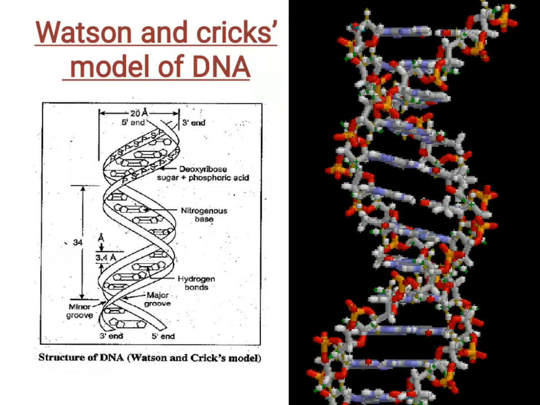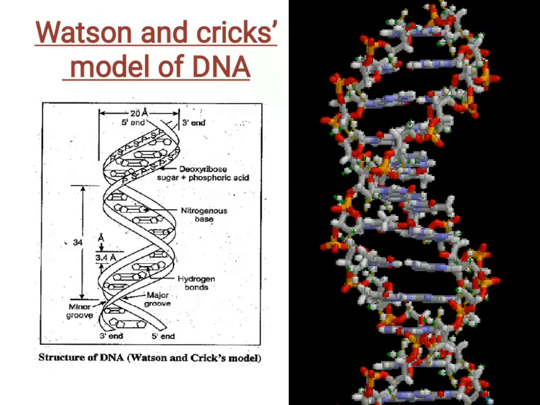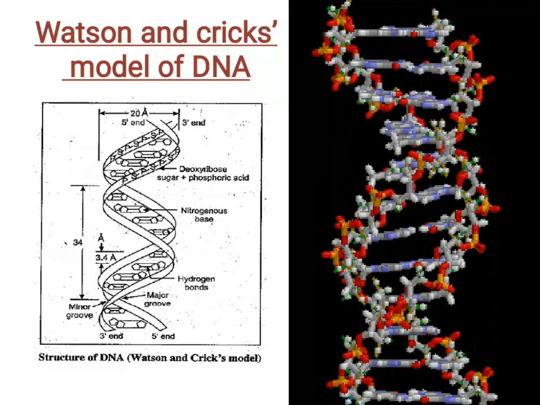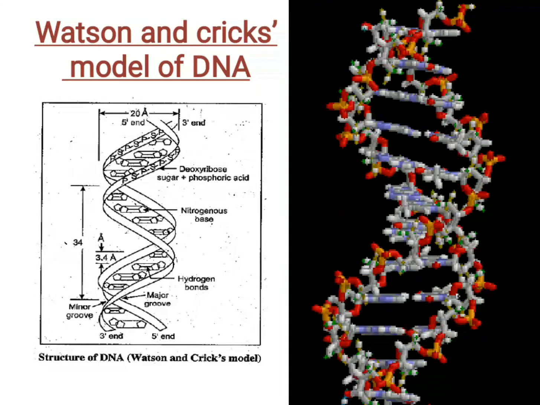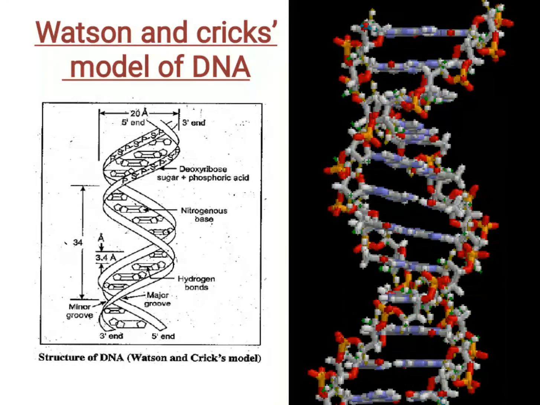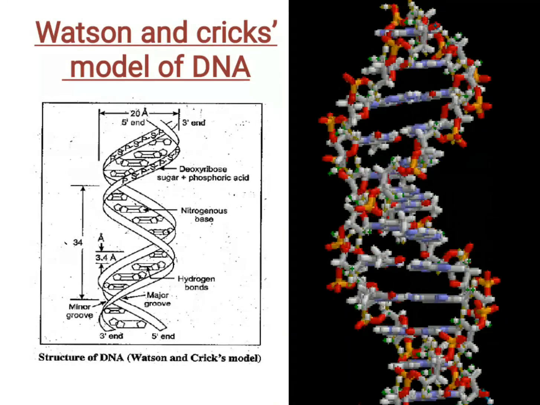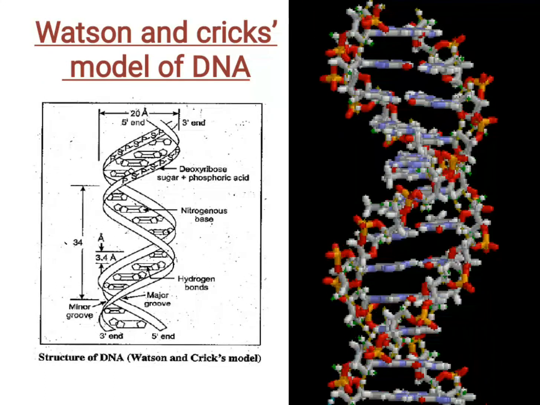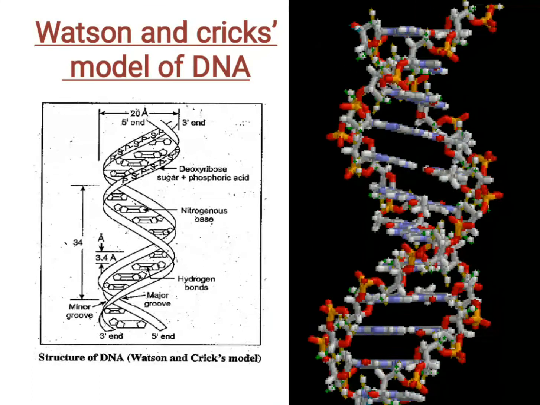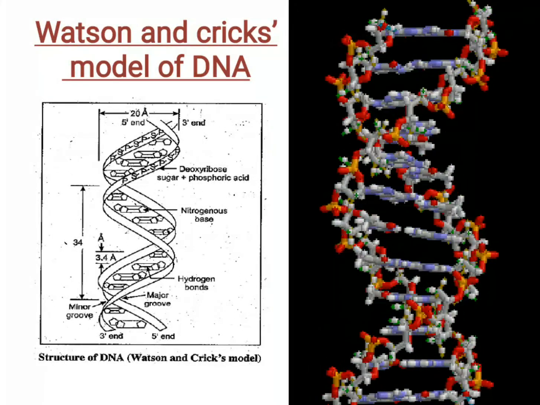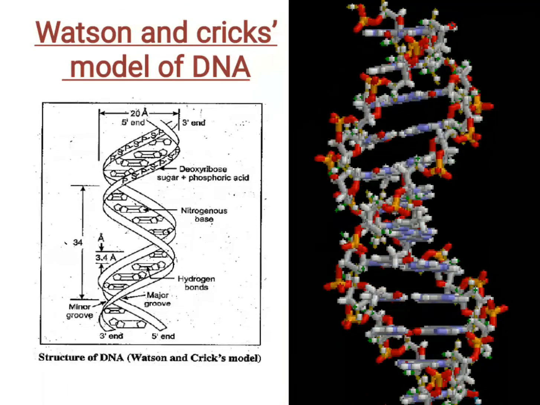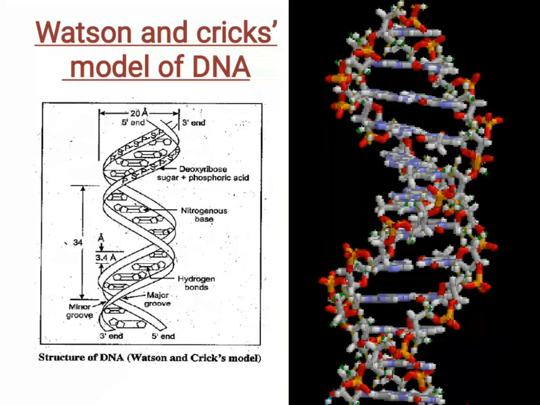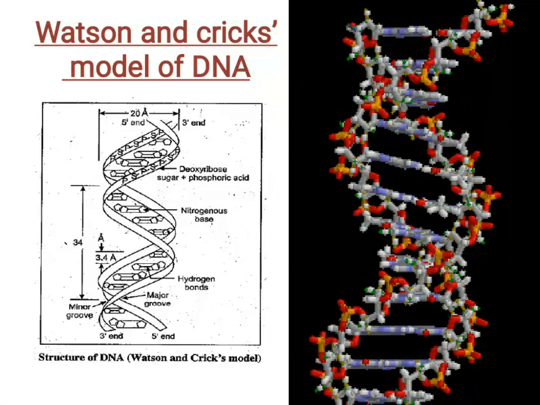What is this nanometer? A nanometer is one billionth of a meter, that is 10 raised to the power minus 9 of a meter, and there are roughly about 10 base pairs in each turn. Consequently, because there are 10 base pairs and one turn is about 3.4 nanometers, approximately the distance between two base pairs is 0.34 nanometer.